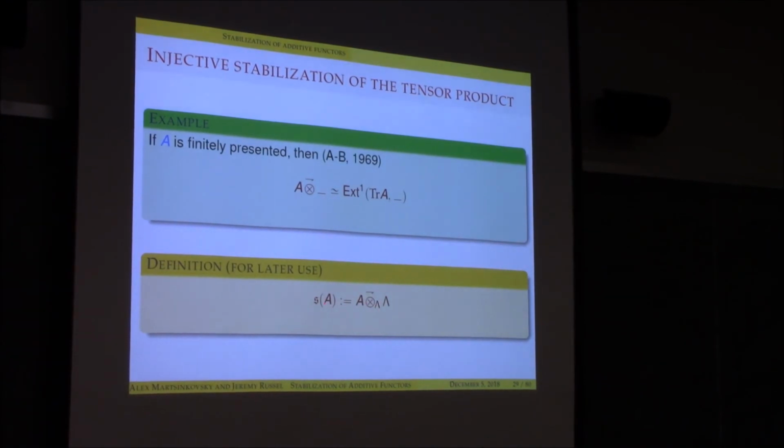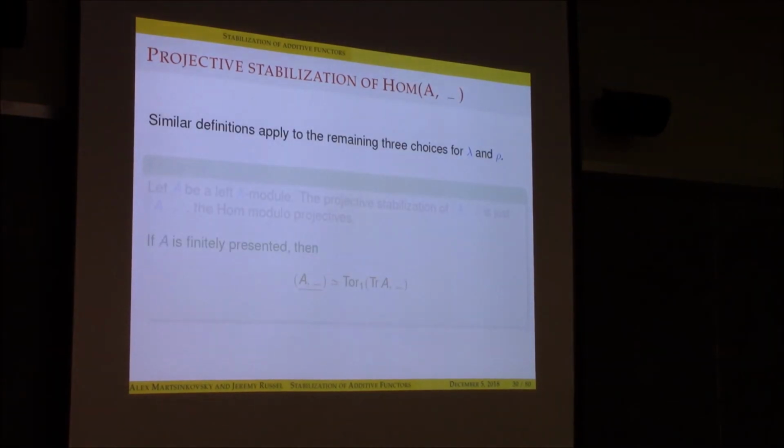So we have a special name for it, S of A. Jumping ahead, beyond this talk, that's the torsion. In the classical case, it coincides with the classical torsion, but it also coincides with something else in the finitely presented case.